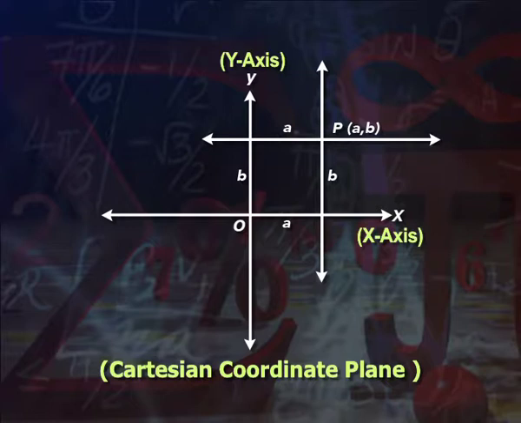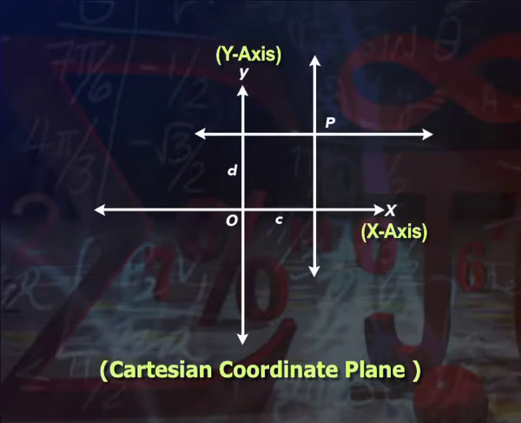In other words, we associate the point P, which is obtained by moving distance a along the x axis and then moving distance b along the y axis.